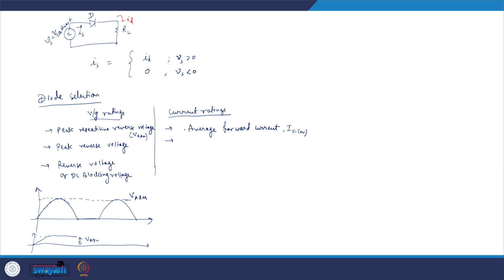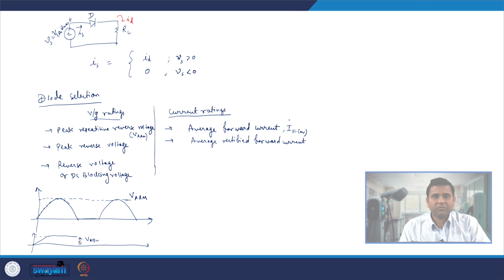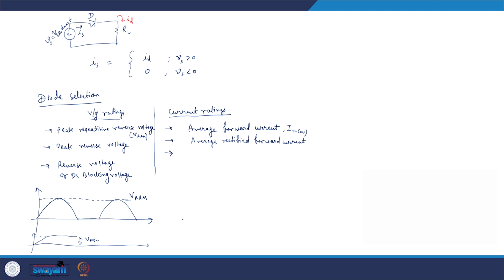Sometimes you also have average rectified forward current. In some of the diode datasheets this has been given. However, most of the time it is average forward current, and sometimes it is also called the continuous forward current as well.